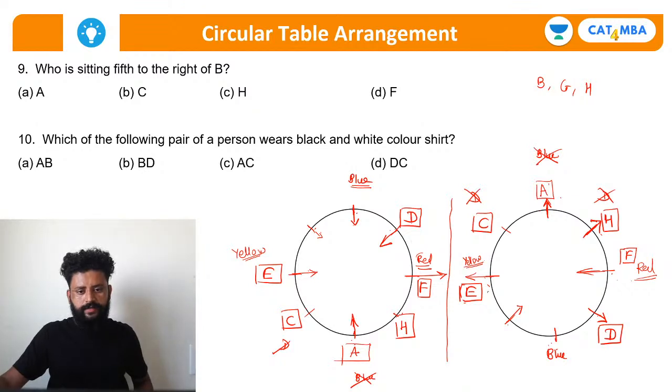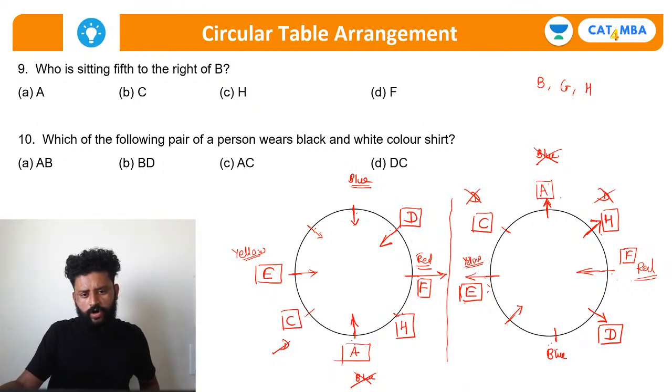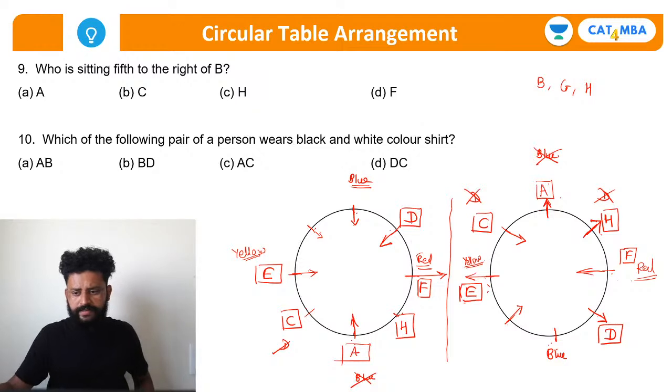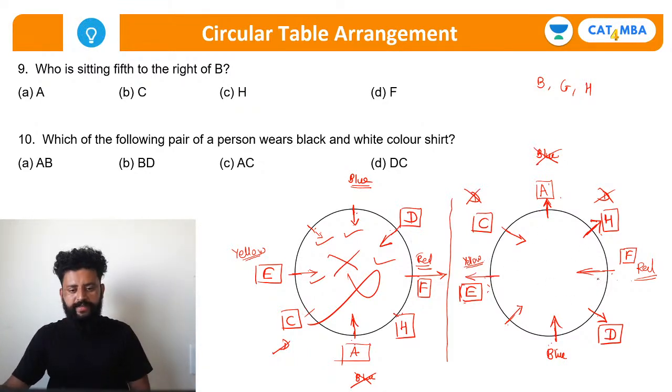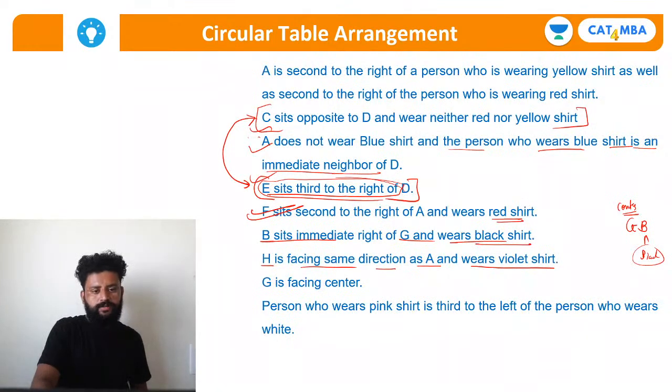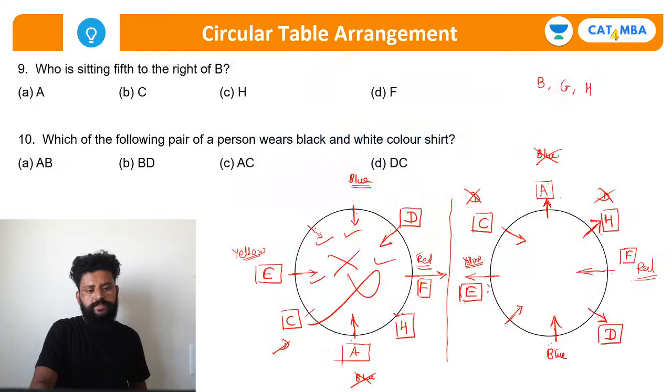This is outside. Outside. So all the others will face inside. Okay, this one will be the right possibility. So 4 outside, 4 inside. In this we have got 5 facing center. So this one we need to scrap. Sorry. And we can go ahead with this possibility. Now A and H are facing in the same direction. G is facing center.